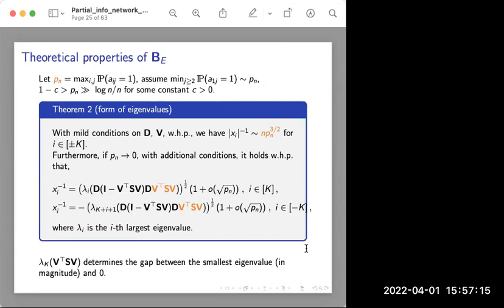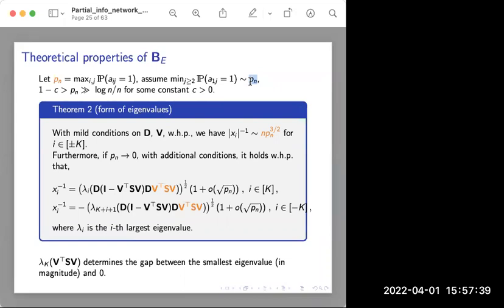Excuse me, could you explain intuitively what it means? That condition, minimum J P A1J equal to 1? Yeah, sure. This is saying the first row of A, which is the neighbors, all the neighbors of individual 1 need to have this connectivity. So it's the density of edges around individual 1.